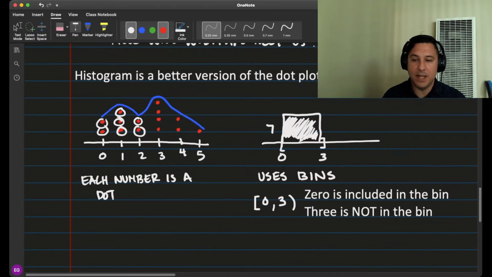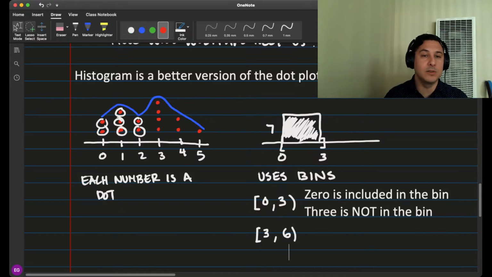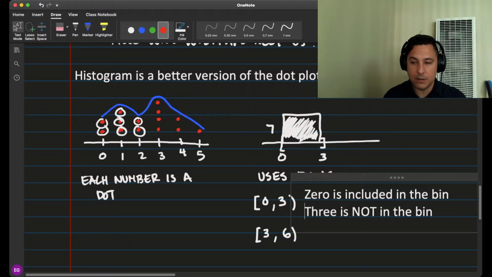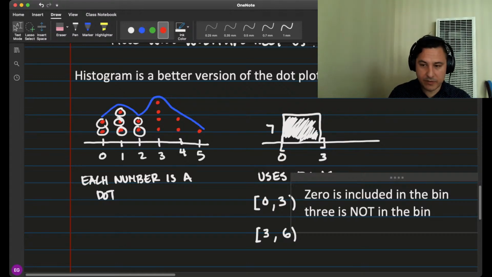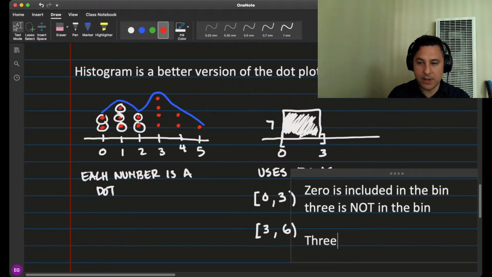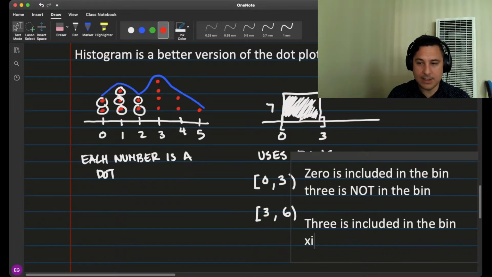Now your next bin will go from 3 to 6. This one actually includes 3, because 3 is on the left now. So 3 is included in the bin, and 6 is not.